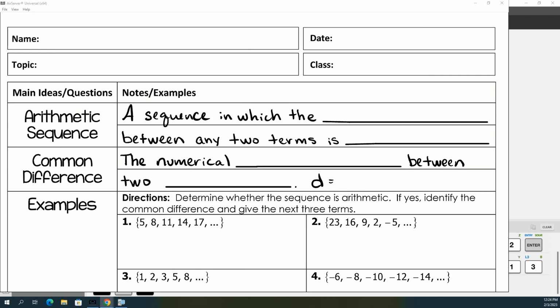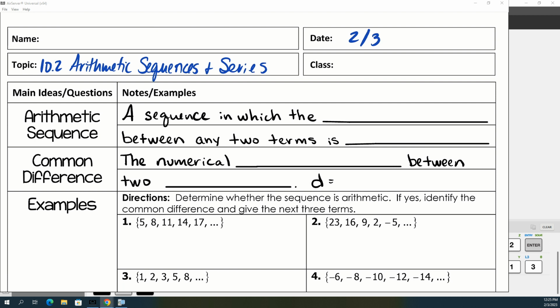So the topic is going to be 10.2 arithmetic sequences and series. All right, and today is 3rd.